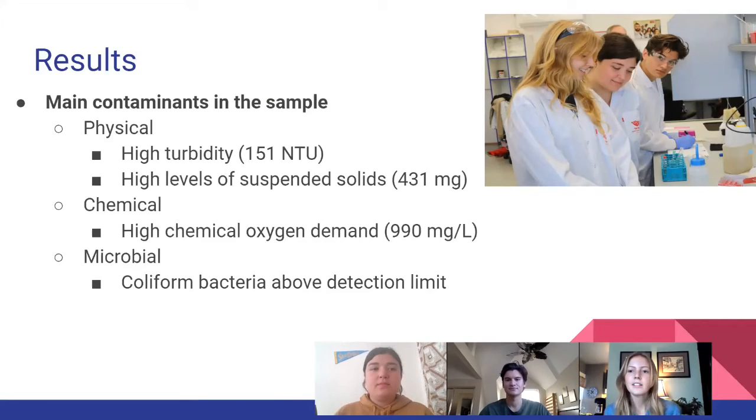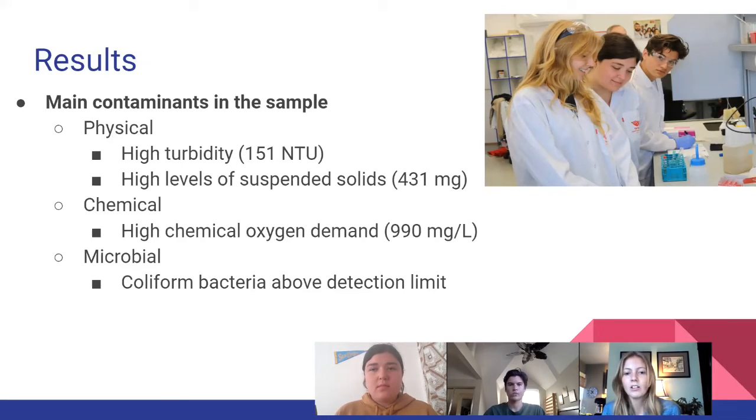So after analyzing our wastewater sample within the various analyses, we were able to identify the principal contaminants of our water, which for the municipal wastewater was dissolved and suspended organic matter and specific organic contaminants. So within the three parameters, physically, there was a high turbidity of 151 NTU.